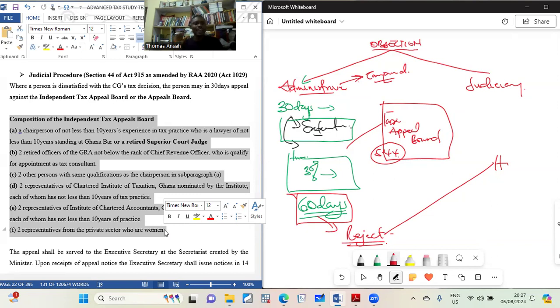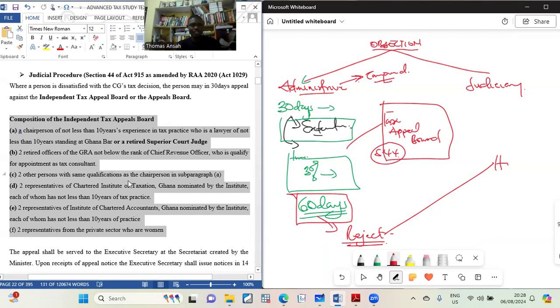Then you need 2 retired officers of GRA, not below the rank of Chief Revenue Officer, who qualify to be appointed as tax consultants. That one too is a retired person. 2 of them are the ones sitting on the board. Then we have 2 other persons with the same qualification as the chairperson, or a Supreme Court judge.